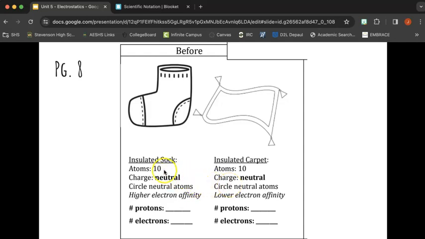And so because they have 10 atoms each, they will have 10 protons, and because they're both neutral, they will have 10 electrons.